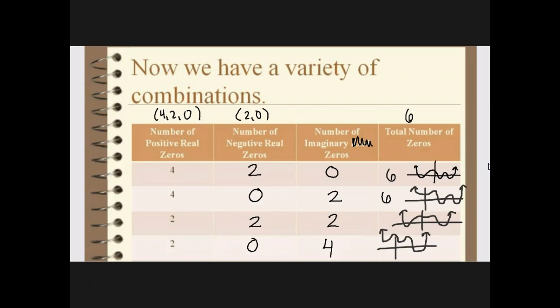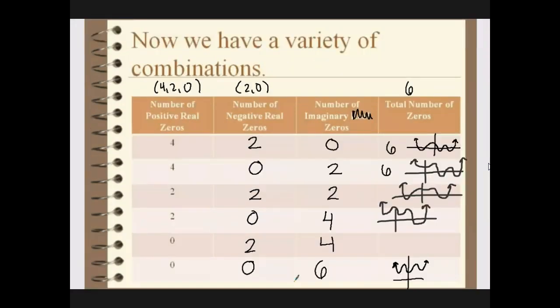And then you can have the case of none and none. So that's where your graph is entirely above. If there's no real and no imaginary, all complex. And then this one would be like the flipping of that one.